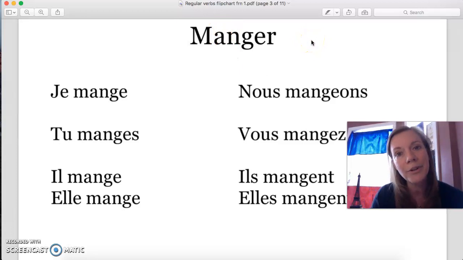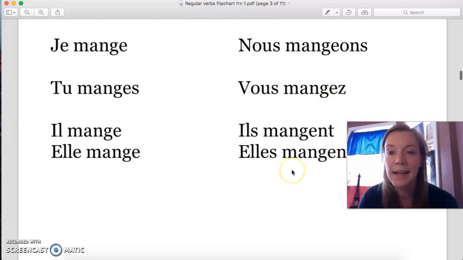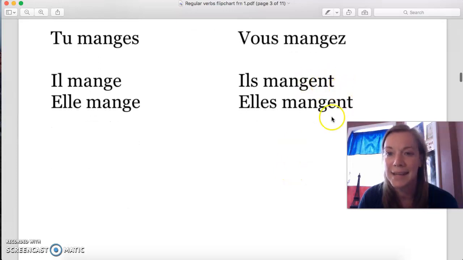Can you think of any other verbs that end with a GER? Voyager. Remember voyager? Ranger. Je dois ranger ma chambre. I think we've learned that one. There are several. When you have the GER, it's nous mangeons. But for vous, it's just back to easy, and ils and elles, ENT.